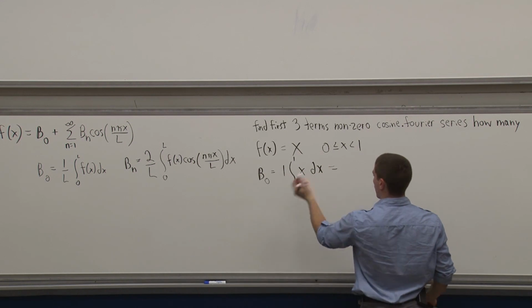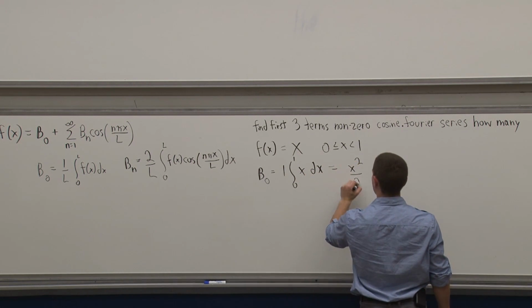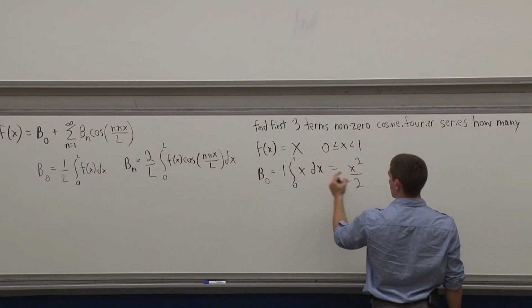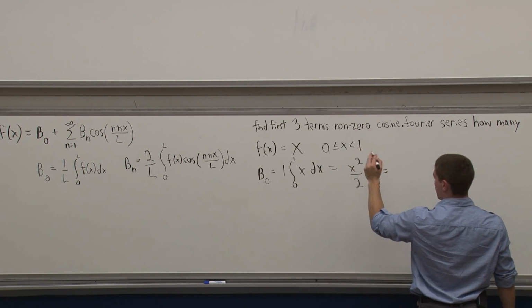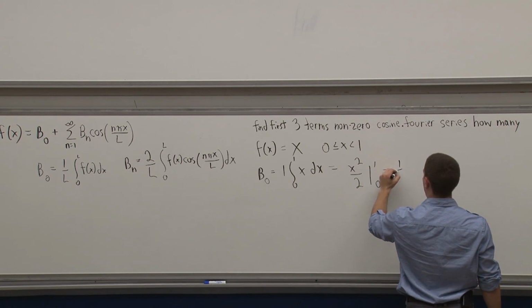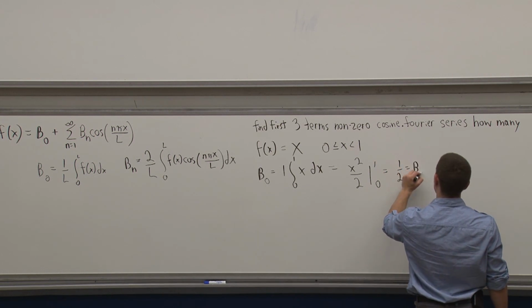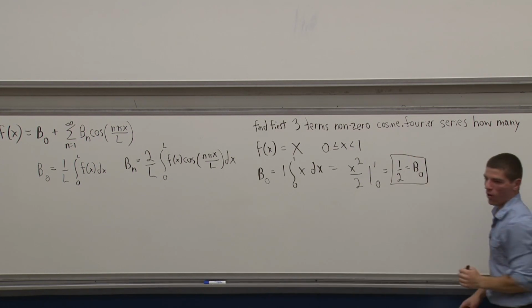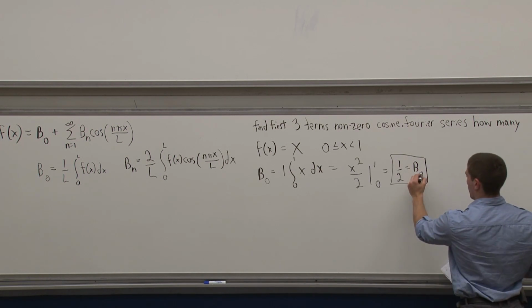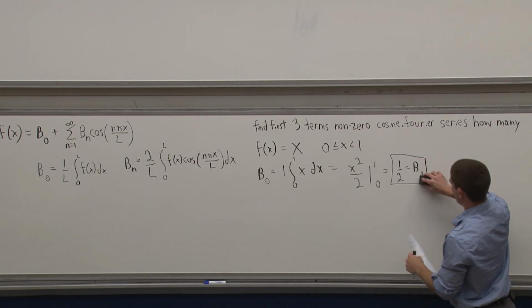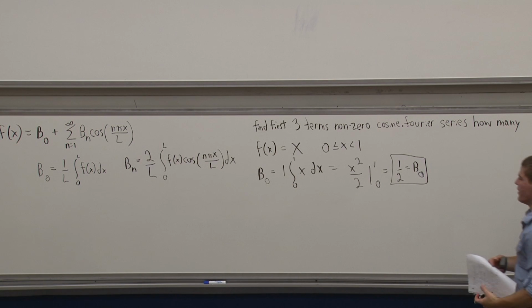The integral of x is x squared over 2 plus c. We don't need the c because we have limits. 0 is going to be 0, but we put in the 1, you get 1/2 equals b0, or b naught, as some professors say. So we got 1/2.